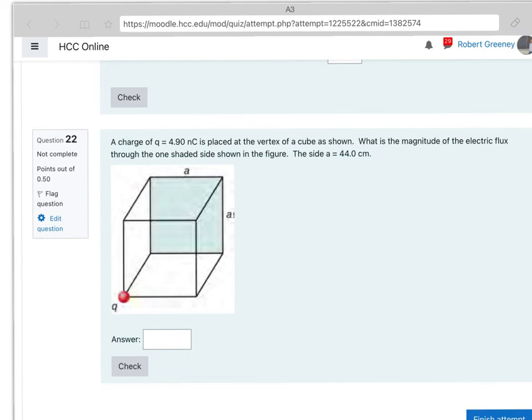Then you have to decide how many faces. So this is touching this face, and this bottom face, right? It's touching those, and so it has to pass through those three, and it has to pass out of the other three.